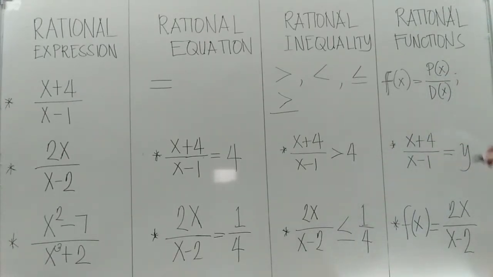The first condition is that d of x should not be equal to 0. If it is 0, then any number divided by 0 is undefined. That's why your denominator should not be equal to 0.